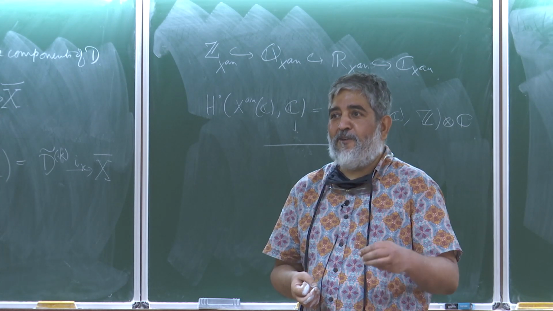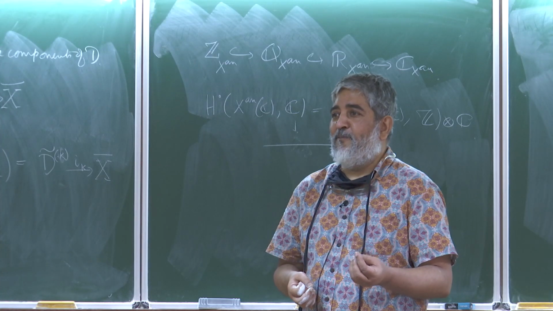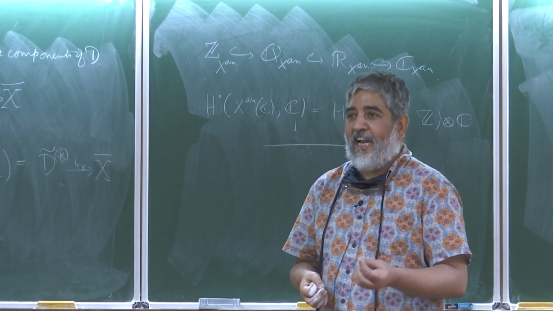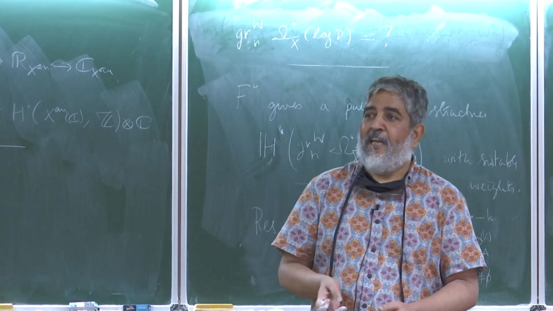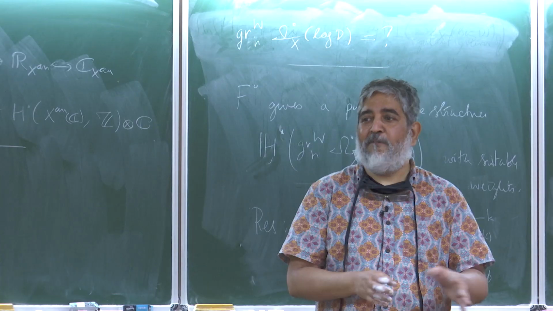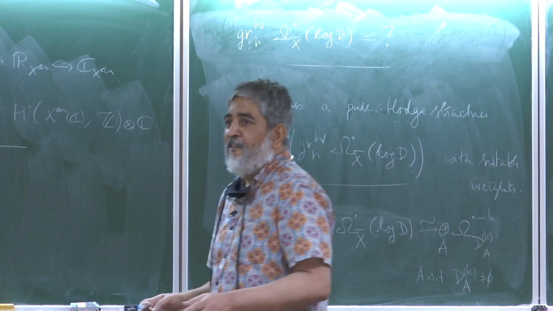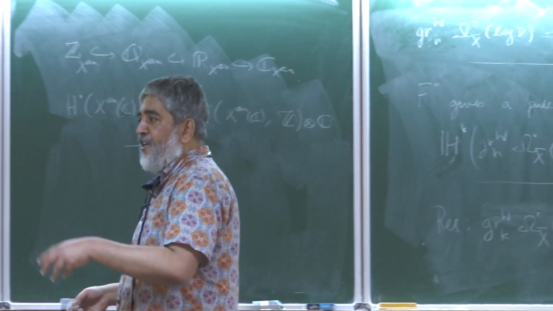But somehow when we do it over complex numbers, where does the 2 pi i come from? The reason is that you are doing integration. In the usual residue in algebraic geometry there is no integration, but here you are doing an integral over a cycle.